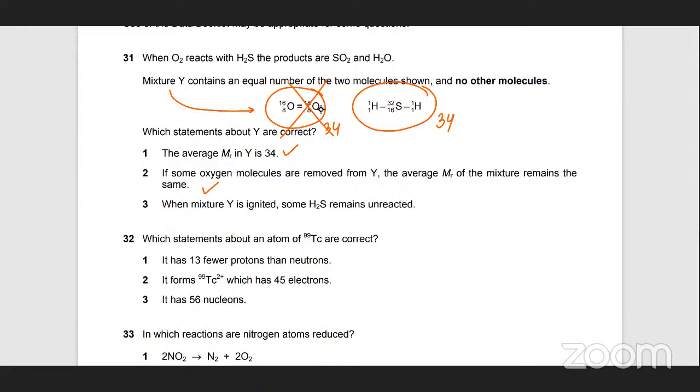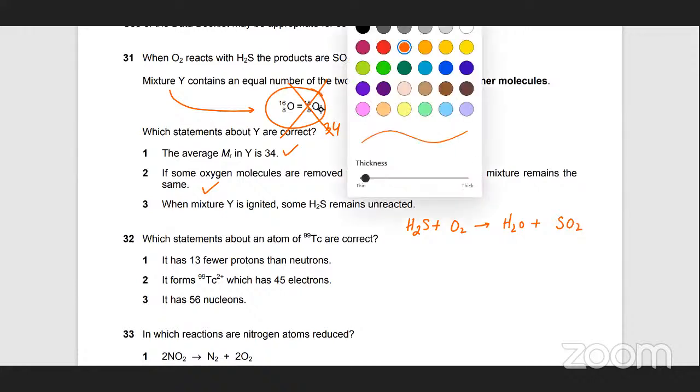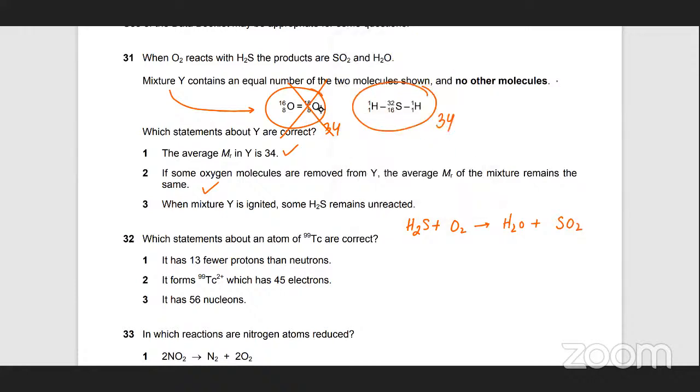When mixture Y is ignited, some H2S remains unreacted. Is that correct or not? So what would happen if H2S reacts with O2? They're going to produce H2O and SO2, and you can balance this equation.